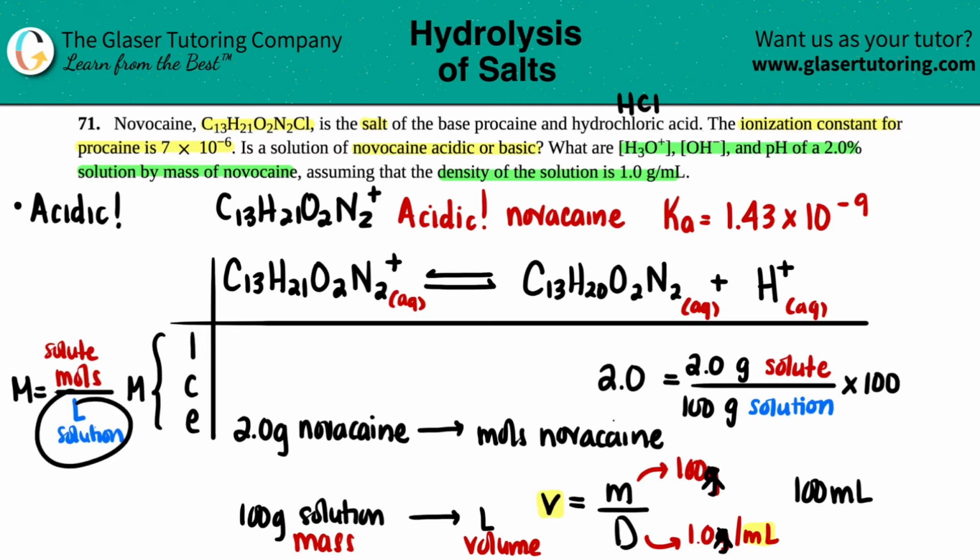But in order to use molarity, I need to put it in liters. So we could just make a conversion factor. Milliliters on the bottom, liters up top. 1 liter is equal to 1,000 mils. Or you can just take the decimal, move it over 3 times to the left. So it'd be 0.1, right? 0.1 liter. And I'm just going to write that over here. So let's just get rid of this.